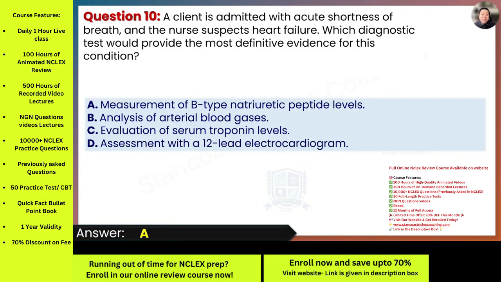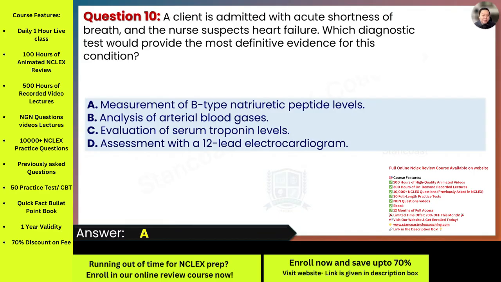Now, when the heart is not pumping effectively, as it does in heart failure, the BNP levels rise, typically more than 100 picograms per ml. And this elevation is a strong reflection that the heart failure is contributing to the shortness of breath, making the BNP testing a key diagnostic tool to differentiate heart failure from other conditions like COPD or maybe pneumonia.